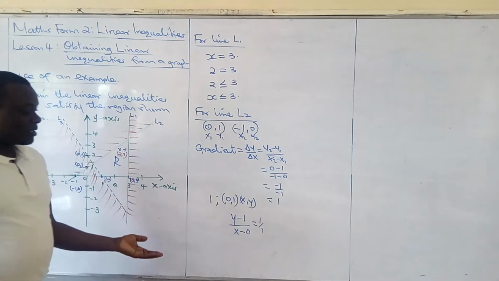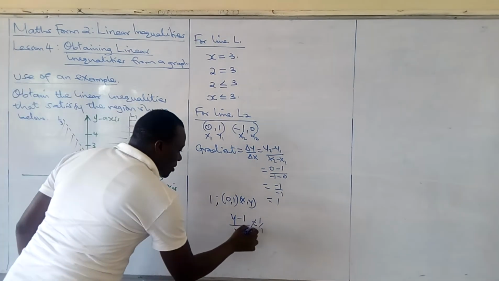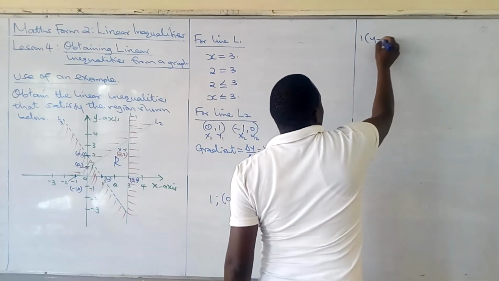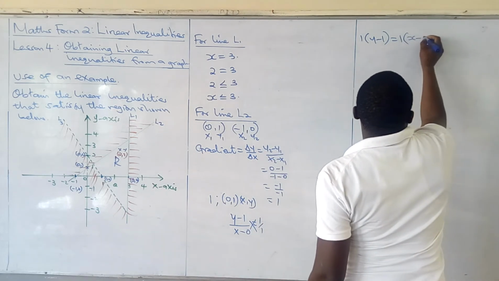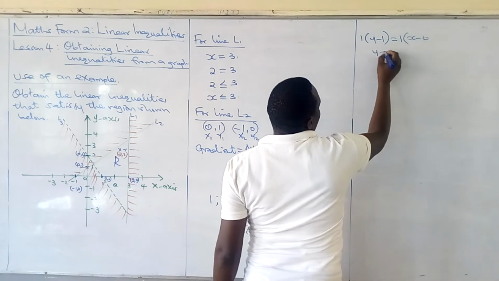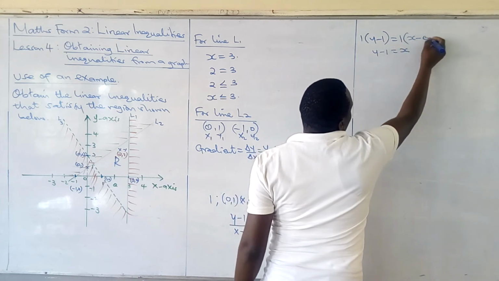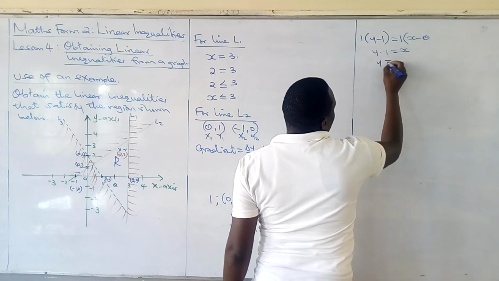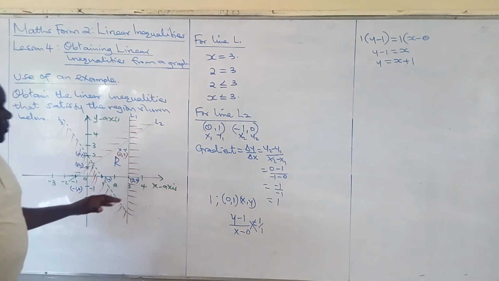Putting it over 1, it doesn't make any difference. Then we cross multiply. So we will have 1 into y minus 1 is equal to 1 into x minus 0. Therefore, y minus 1 is equal to x, because 1 times 0 is 0. We take this 1 to the other side. y is equal to x plus 1. That is the equation.